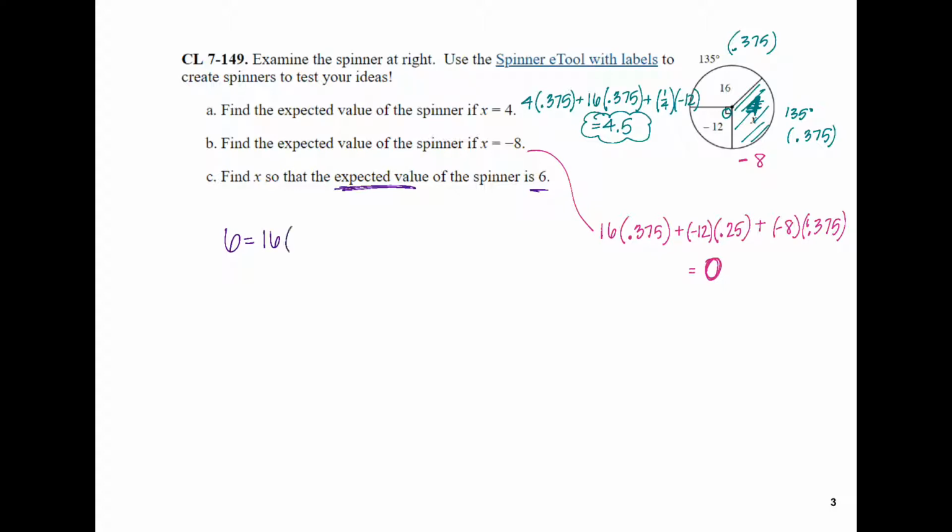So we take 16 times 0.375, add that to -12 times 0.25, because that's only 1/4 of our circle, plus 0.375 times our x. We use our inverse operations, and we would get x to equal 8.